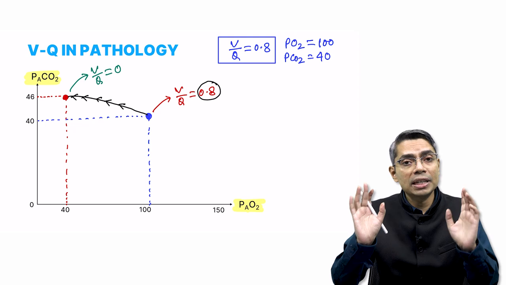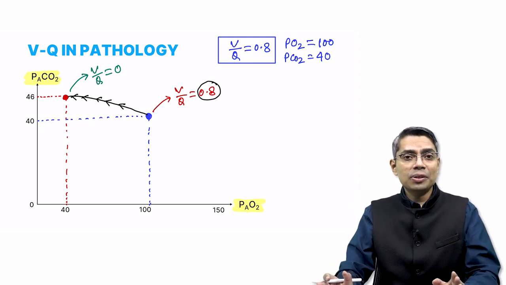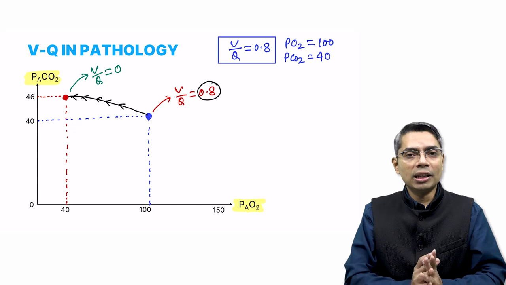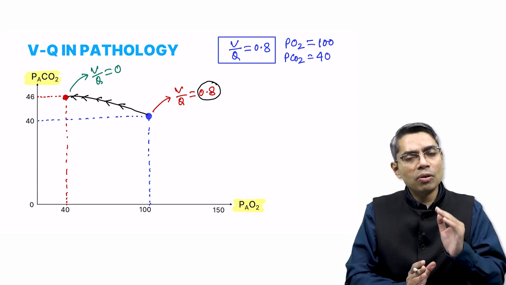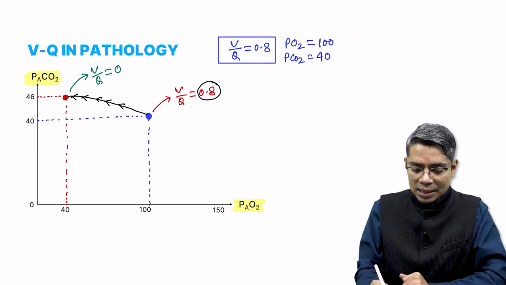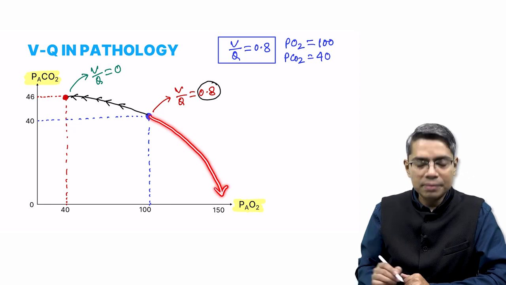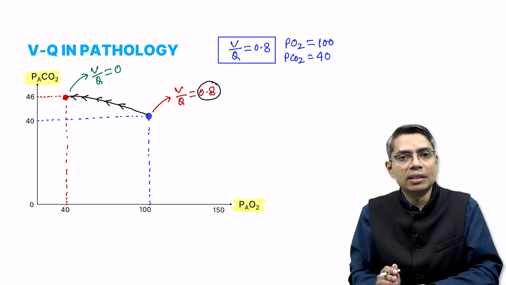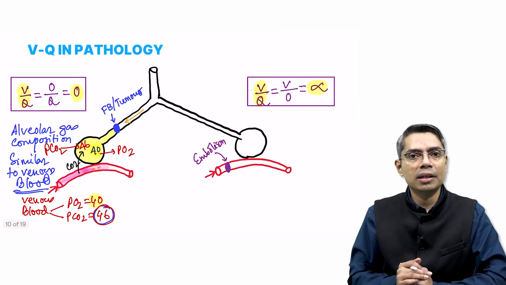That concept we have already seen, that if the VQ ratio is lesser than 1, oxygen will be lesser, carbon dioxide will be higher. Got it? And if we go in the opposite direction, that is the VQ ratio infinity, what is going to happen? That we are going to understand here.